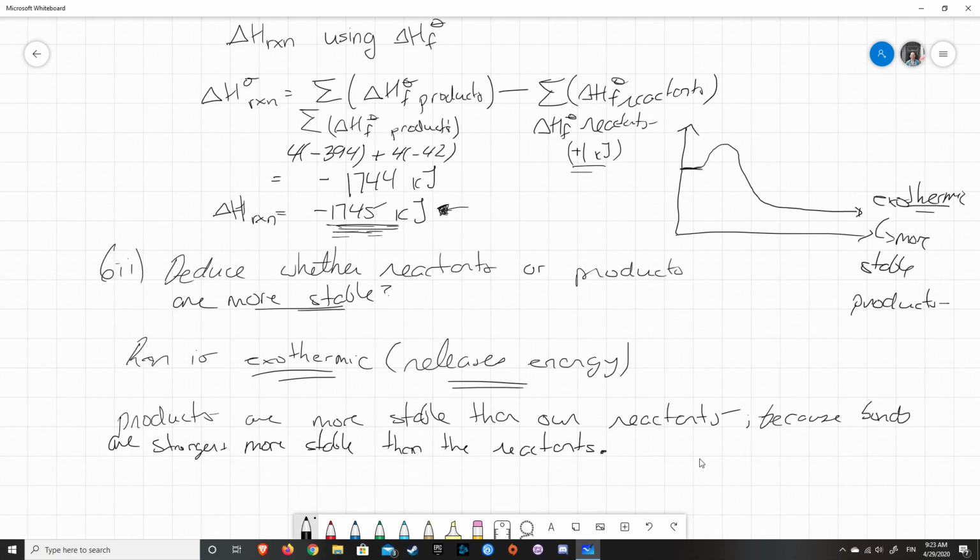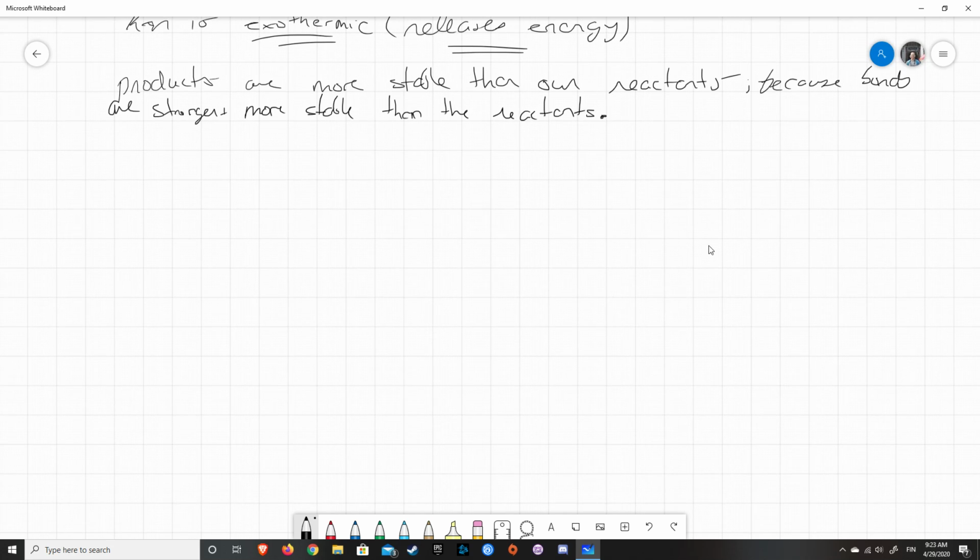Okay, and let's finish the last one. 6.3, 6III. This one says predict, giving reason.